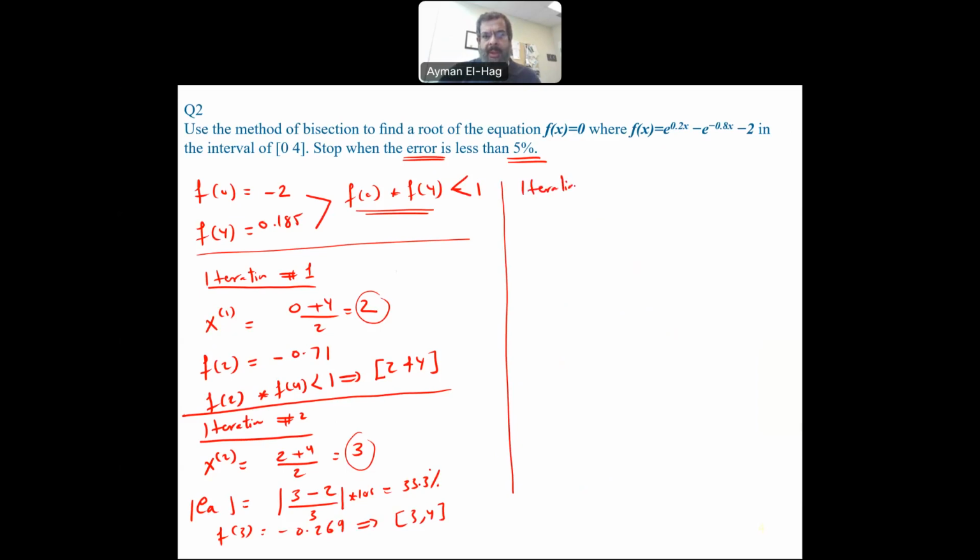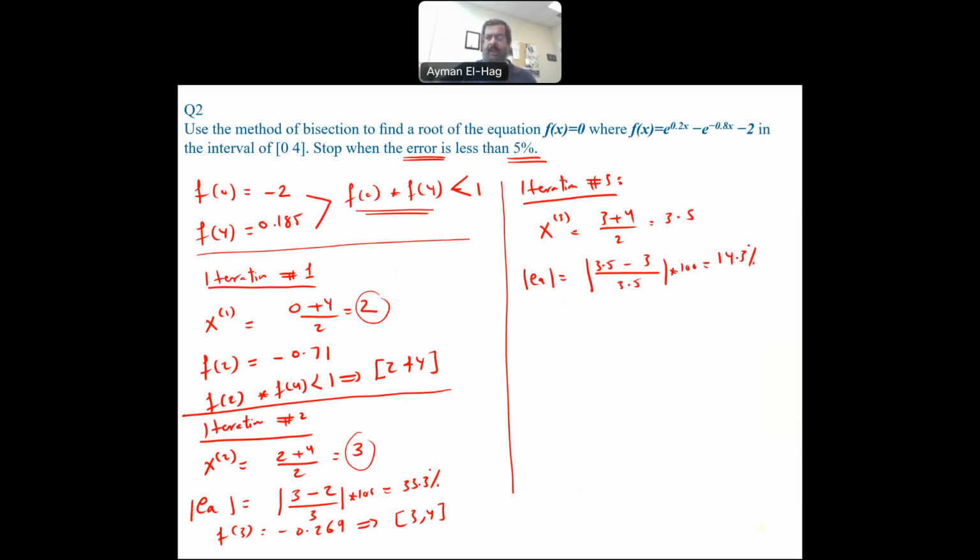Iteration number 3. So x3, take the average, (3 plus 4) divided by 2, which is equal to 3.5. Take the percentage of the error: current solution minus the previous one divided by the current solution times 100, which gives me 14.3%.